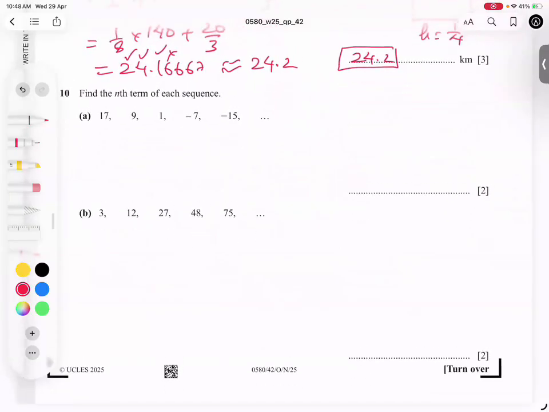Question is number 10. He's saying find the nth term of each sequence. So first of all, check it. If I subtract the second minus this one, 9 minus 17, I think is very clear, -8. What about this? 1 minus 9 is giving us -8. So this term minus the previous term, I'm getting -8. So it means every term we're getting -8.